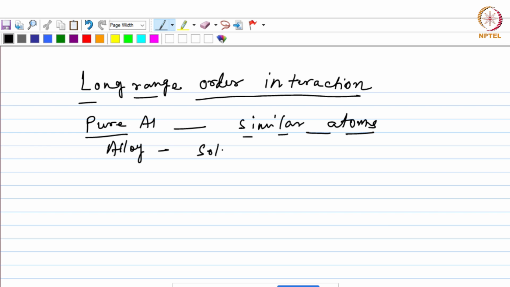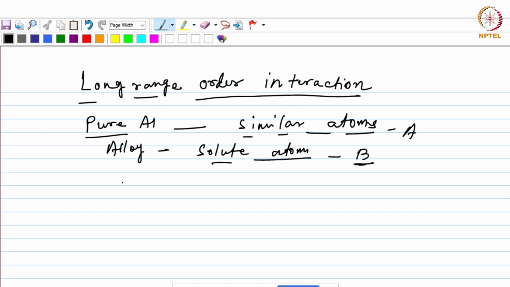That's the solute atom. So depending on how this solute atom, if you call that as A and this one as B, so depending on how B is arranged with respect to A, you can have either an ordered solid solution or a random solid solution. If the ordering prevails over a short range, we have already seen that is called short range order.